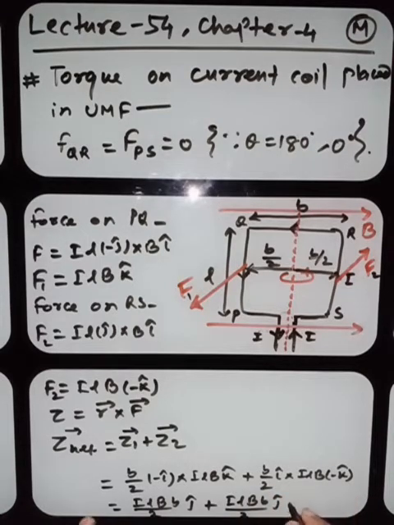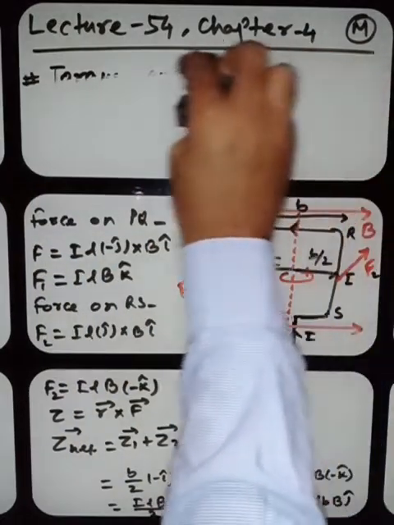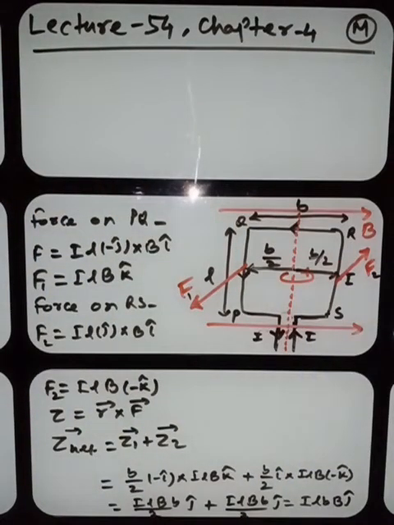So overall the 2 will be cancelled out. So I L B times b, direction is J. Okay, this one. Now let me simplify. Finally we are towards the answer.